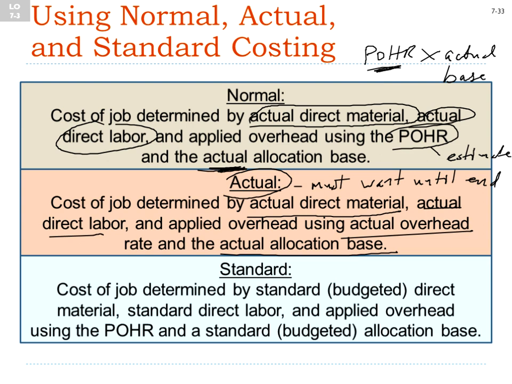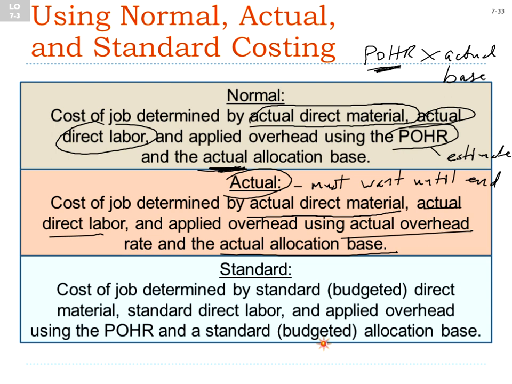Now the third method is standard costing. Now for standard costing, you are pretty much estimating the majority of the calculation. So you have a budgeted amount of direct material, direct labor, and then for your applied overhead, you're using the predetermined overhead rate, which is an estimate, and then you're multiplying that by the budgeted allocation base.